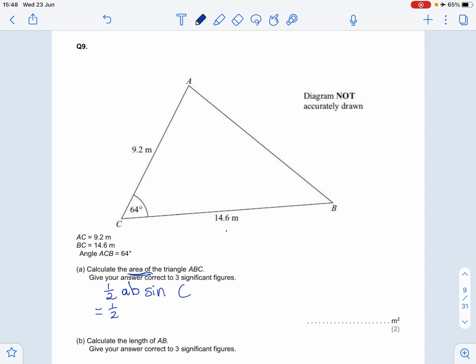So this is side a, side b, and side c. Your a is 14.6, your b is 9.2, and your angle C is 64. Just type it into your calculator, and you should get 60.4.